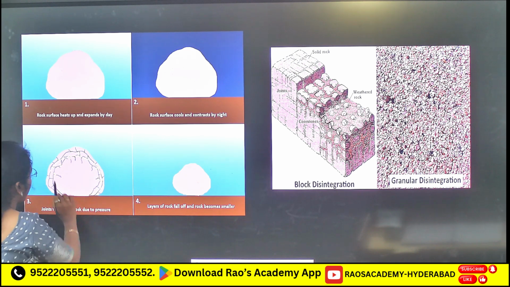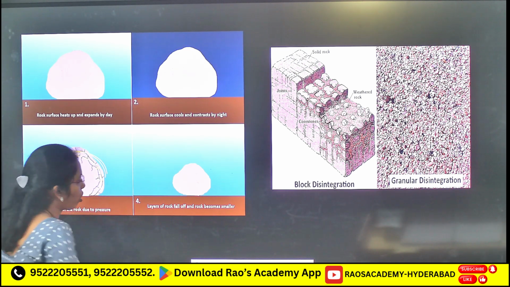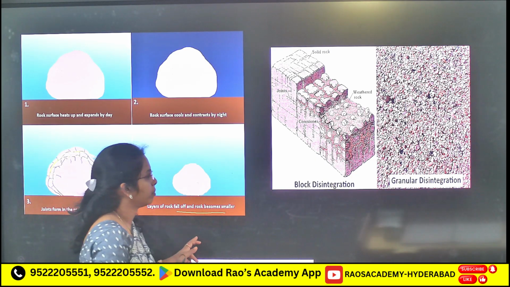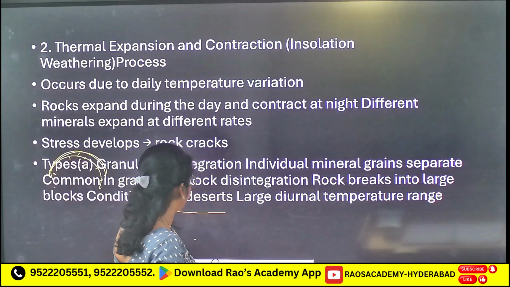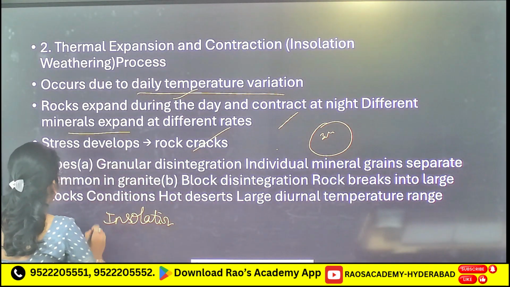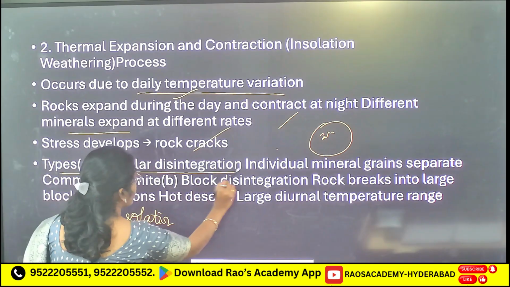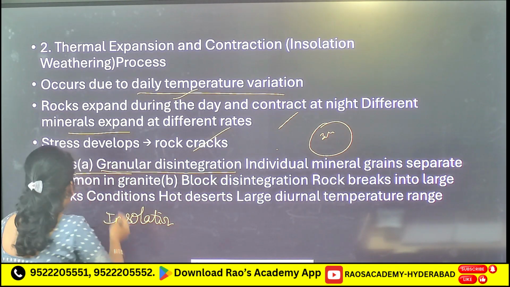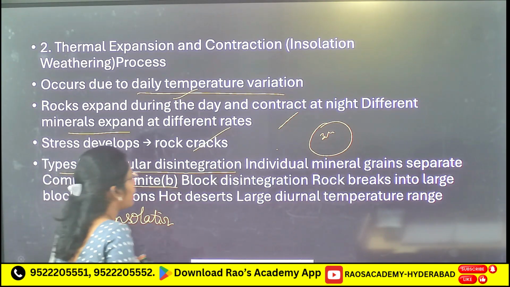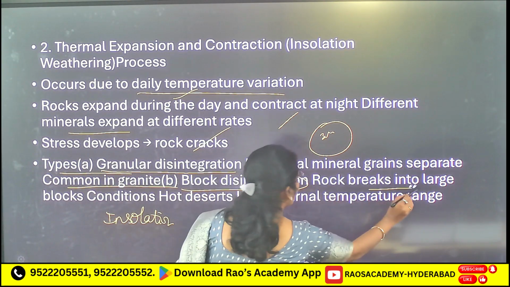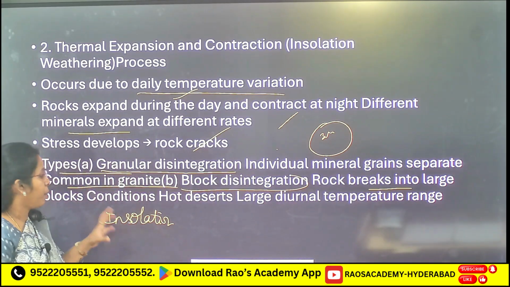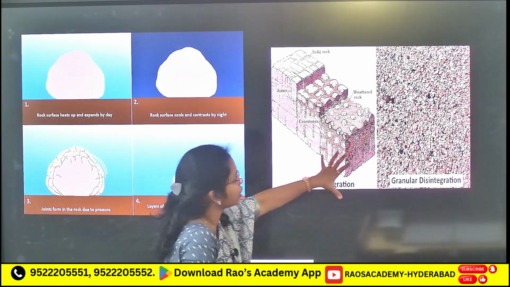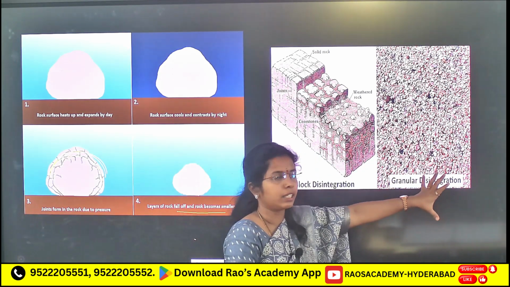After that, layer by layer you will see layers of rock fall off and the rock becomes smaller. In thermal expansion you will see two types: granular disintegration, where individual mineral grains separate, as in granite, and block disintegration, where rock breaks into large blocks. In hot deserts you will see block disintegration and granular disintegration.